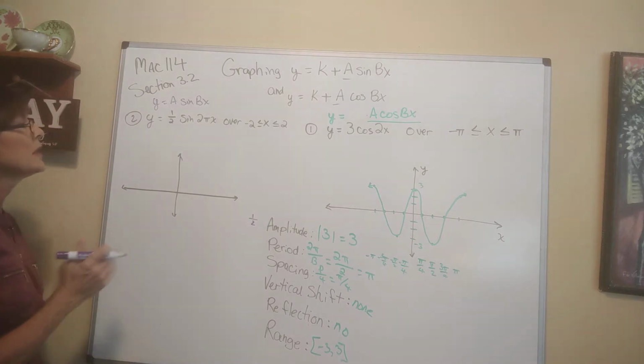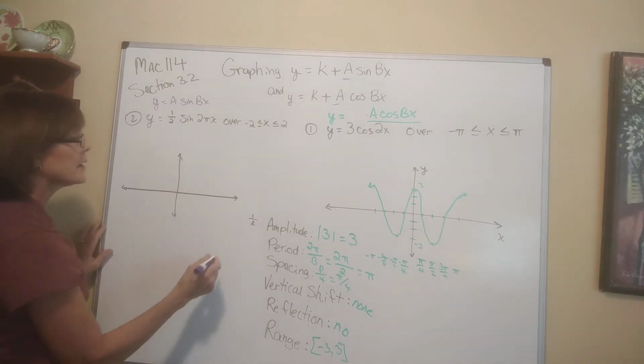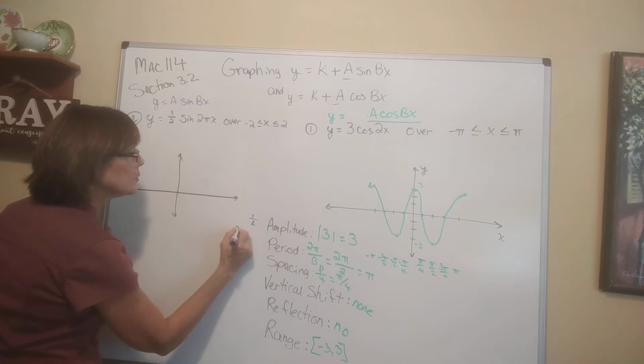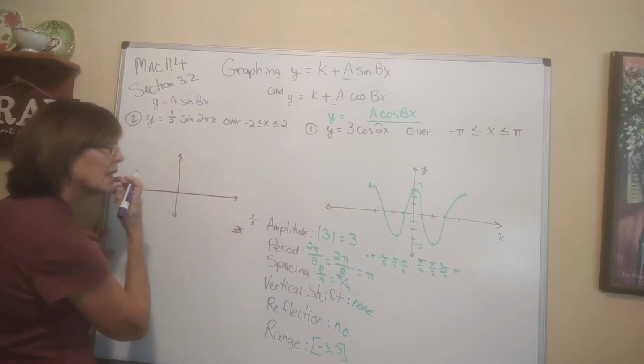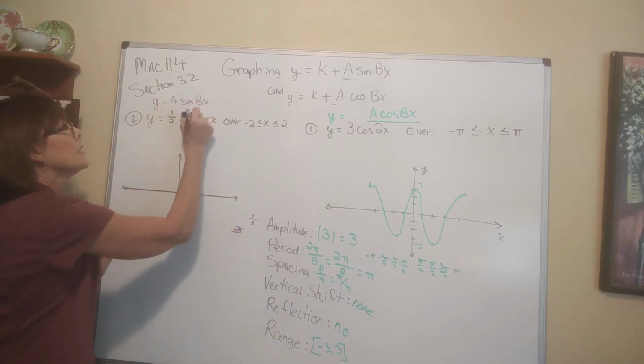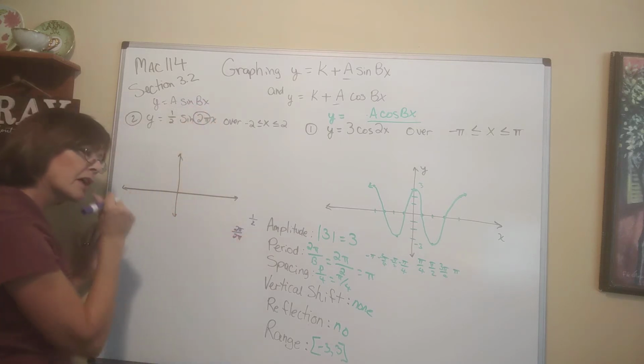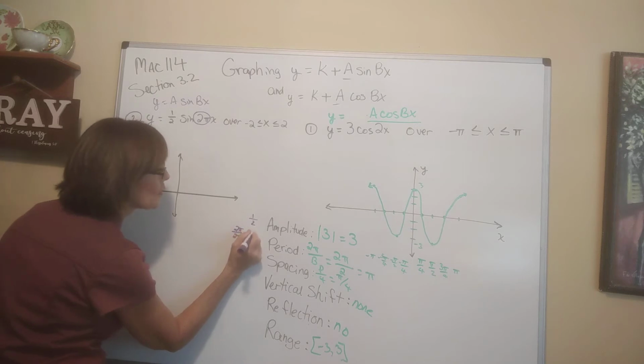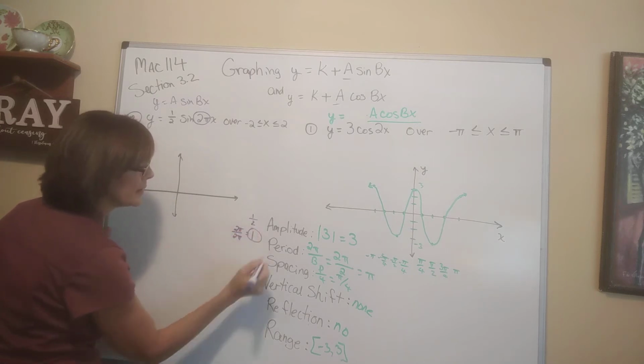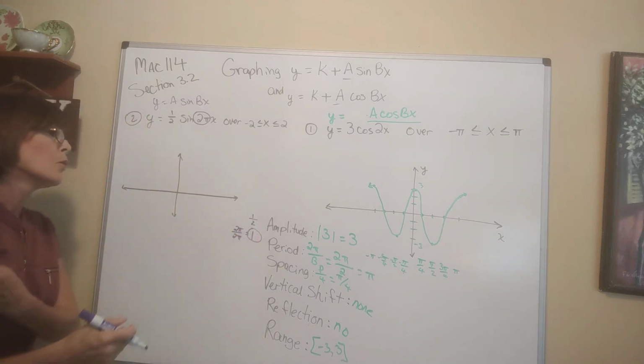What do we think the period is? Well, the period is always 2 pi over b. But what is b? b is 2 pi. So 2 pi divided by 2 pi is the number 1. So the period is 1 unit. What is the spacing?